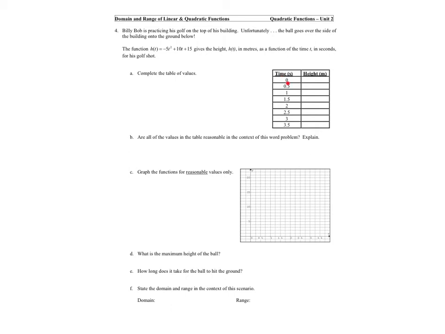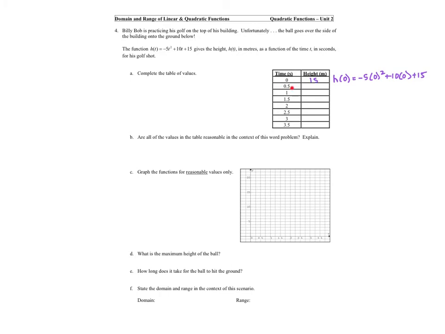So we're going to start at 0 seconds. At 0 seconds, we're going to figure out what the height is by substituting 0 in for t. So the height at 0 seconds is -5 times 0 squared plus 10 times 0 plus 15, and that is equal to 15.